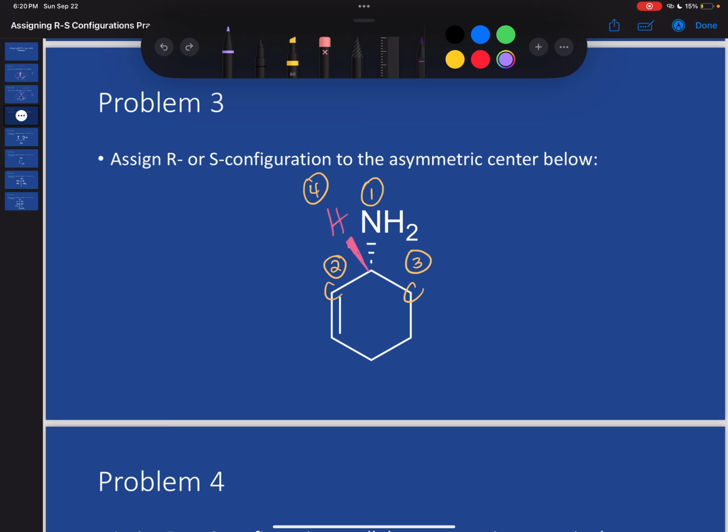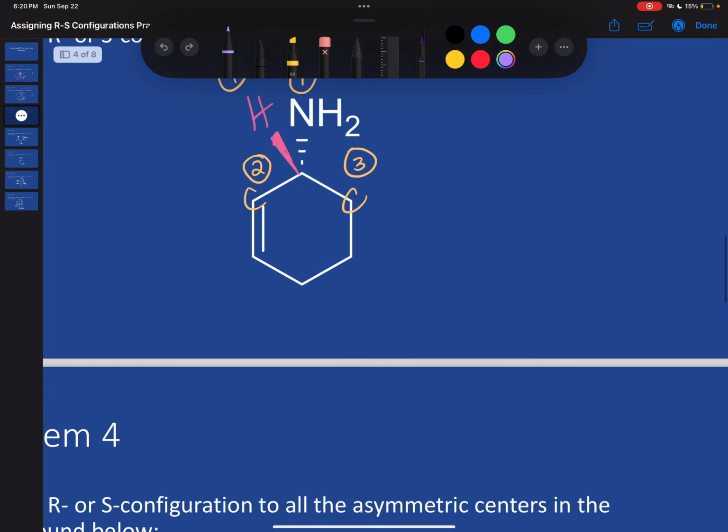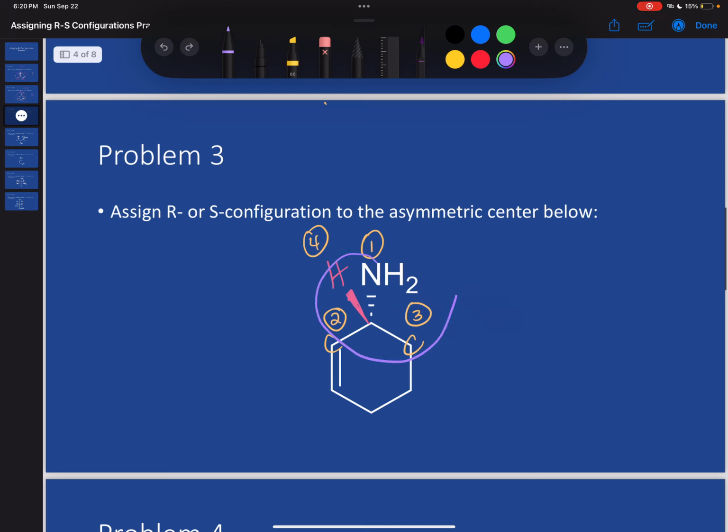But in this situation, this is allowed. When your lowest priority is on a wedge, it is okay to go 1, 2, 3. Oh, this is S, but lowest is on a wedge, therefore it's R.